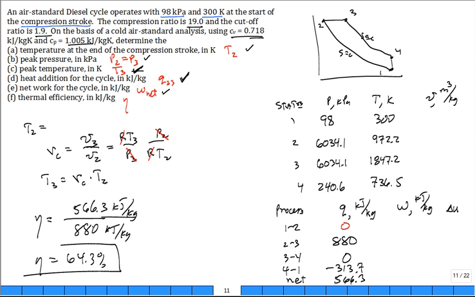What happens if I use that analytic expression? You get the same value. You should check that the work net and heat net are the same. That's a good check. And also, if you have an analytic expression for the efficiency, see if it agrees.